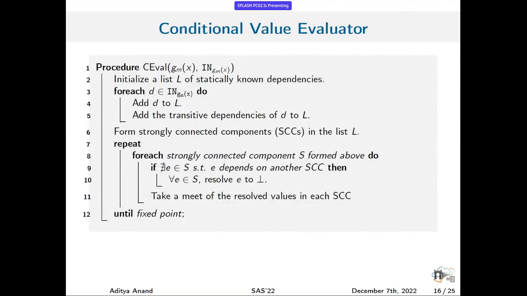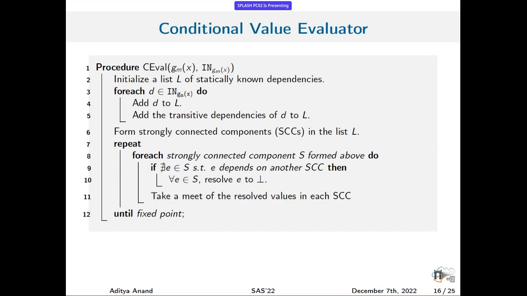Further, for the evaluator, we have an evaluator which can evaluate the set of conditional values, which can be seen as any other normal evaluator. We implement this as a normal worklist based algorithm where we try to resolve the conditional values and also handle mutual recursions in this conditional values evaluator.